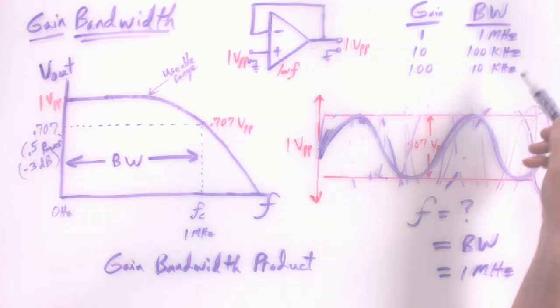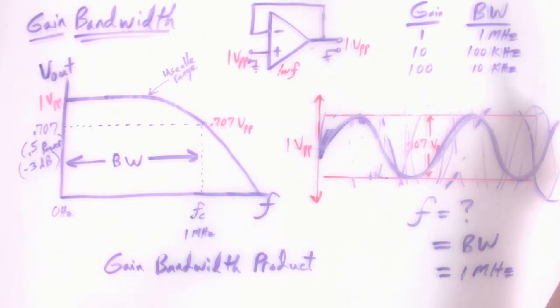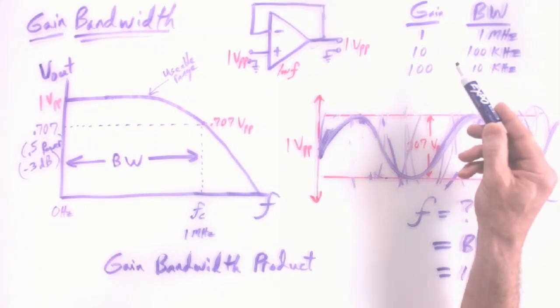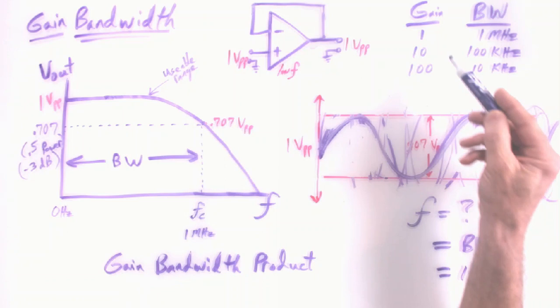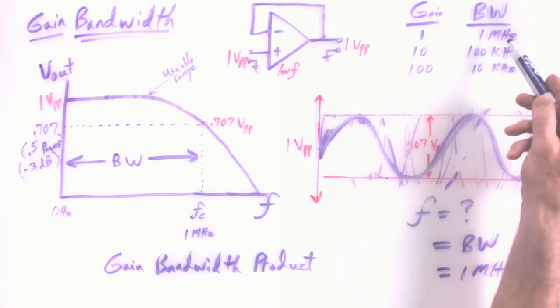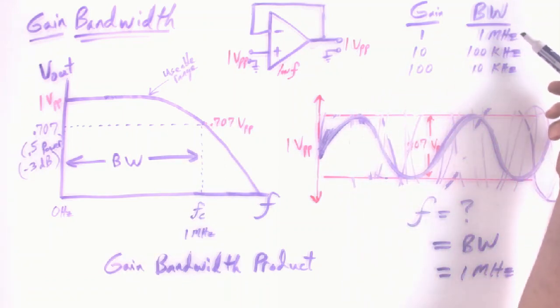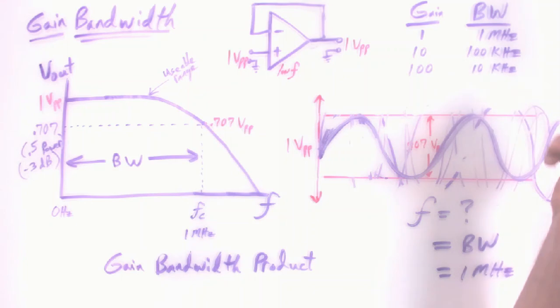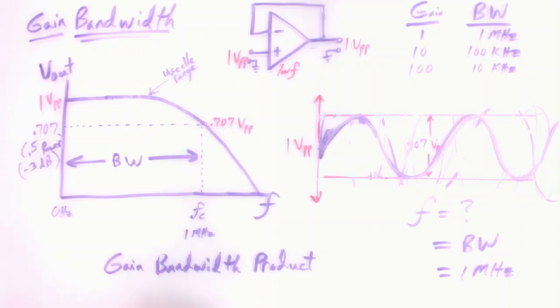Okay, so here we have a little chart with super simple numbers. We ran our test circuit with a gain of 1, and we could get all the way up to a bandwidth of 1 megahertz. That means that the gain bandwidth product, that's what I wrote down here, is 1 megahertz.